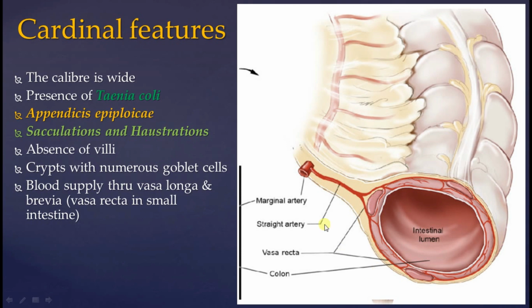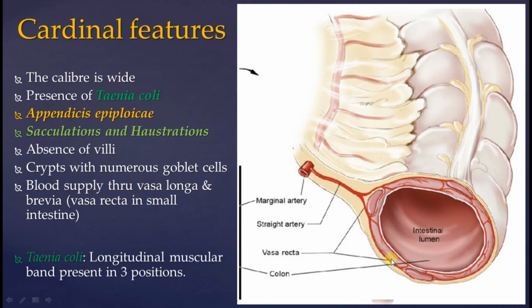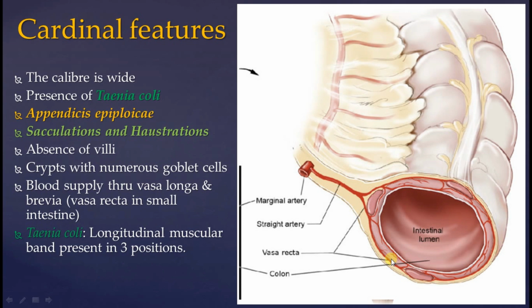They mainly arise from the branches of the superior as well as the inferior mesenteric artery. From there, after forming arterial arcades, they give straight vessels which give rise to vasa longa and brevia. They supply in front and behind the gut as the anterior and posterior branches.